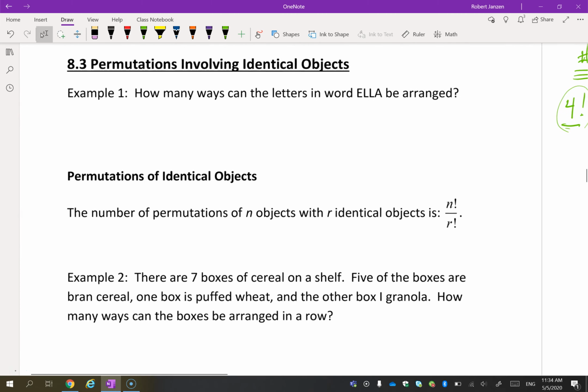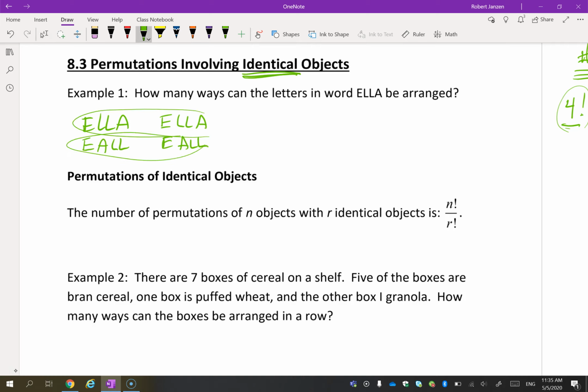All right. So we're just going to put a little bit of a condition on the permutation, and that's if there are identical objects. For example, if we rearrange the letters in Ella, here's 2 different arrangements. Now I'm going to switch the L's. Are those 2 different?